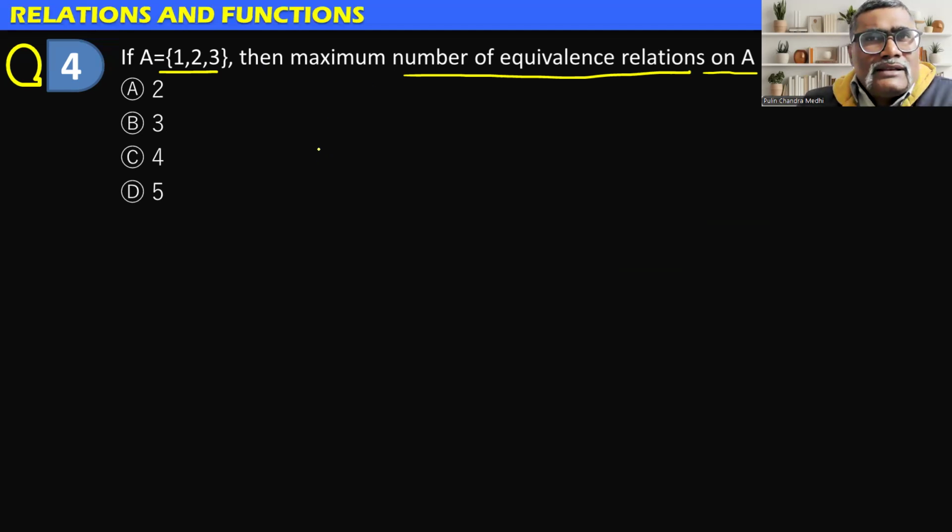If I just count, I think this may be a wrong question, but anyway, let us give it a try. Total number of reflexive relations will be what? It is 2 to the power 6, that is 64. So this many reflexive will be there. This many symmetric will be there. Then we have to think about the transitive, because you have to make it transitive also.